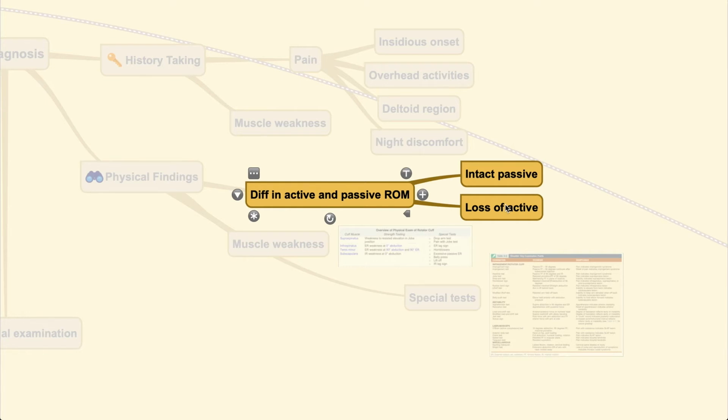So when you move the whole limb, the joint should be functioning well. But when you ask the patient to actively move by themselves, since there is some trouble in the muscle, the patient is unable to move the whole range of motion.